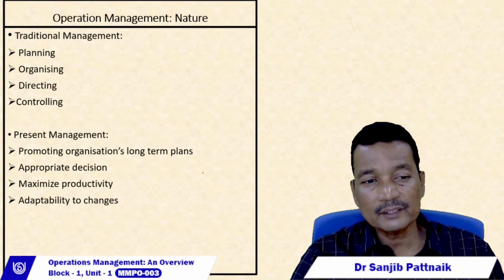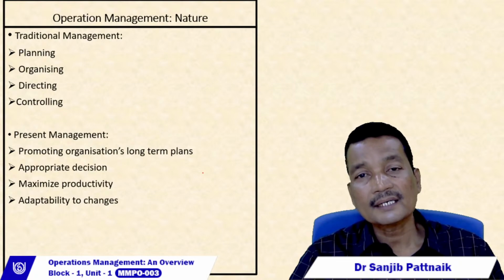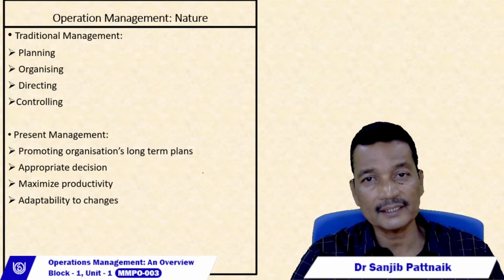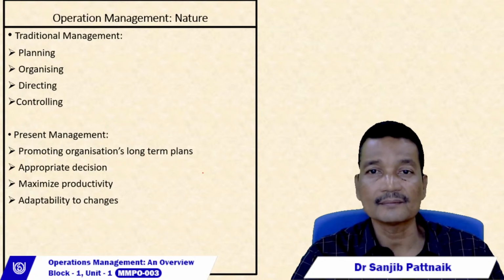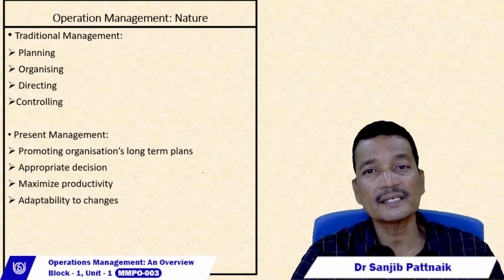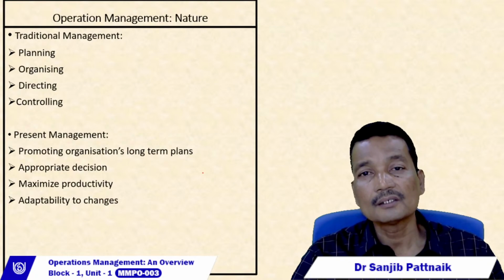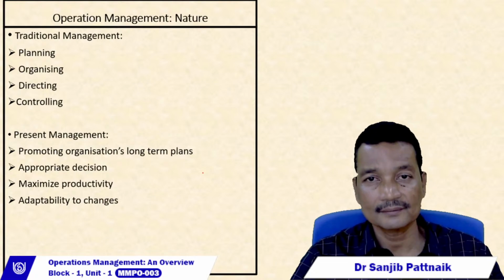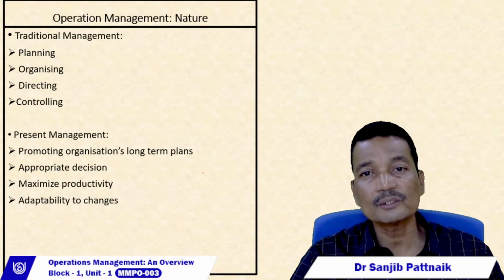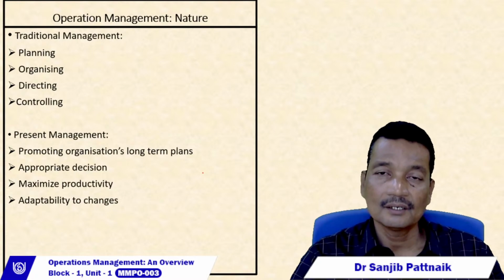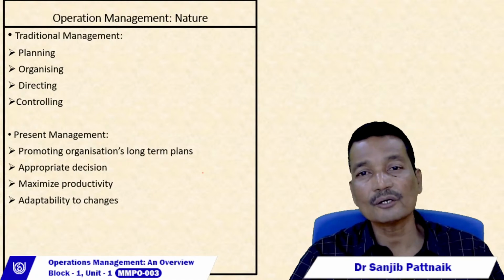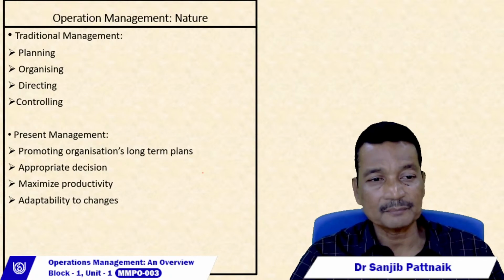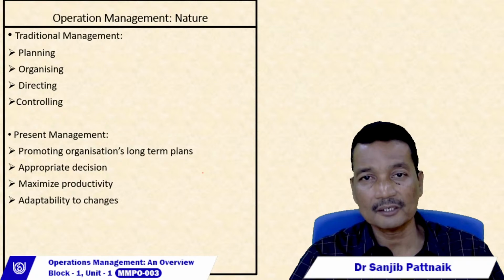Now, if we can increase the level of outputs, goods and services without hampering the quality or the desired quality by using the same set of inputs or same level of inputs, then we say our productivity has increased. Or, in other words, we are reducing our wastages, or we are better in use of various kind of resources. So, present management focuses on maximizing productivity.